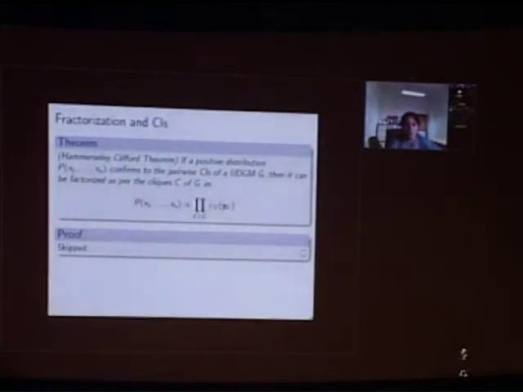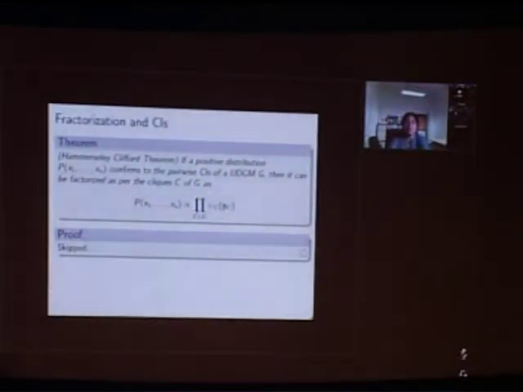So the theorem is called the Hammersley-Clifford theorem. It says that if a distribution is positive, and if you have a distribution which satisfies the pairwise conditional independencies of a graph G, then it can surely be factorized in terms of the potentials which go over the cliques of the graph.